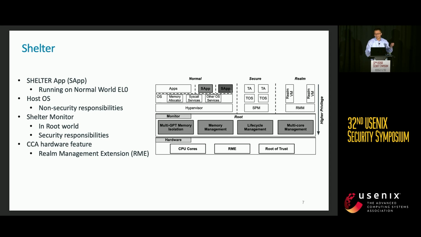That's what we have on top, right? And in the bottom, in the middle, we have the root world. That's exception level 3. So in order to support the secure application, basically we add a few components. You can see that the gray rectangles are the components we added into the root world, which is exception level 3, to support the ASAP.